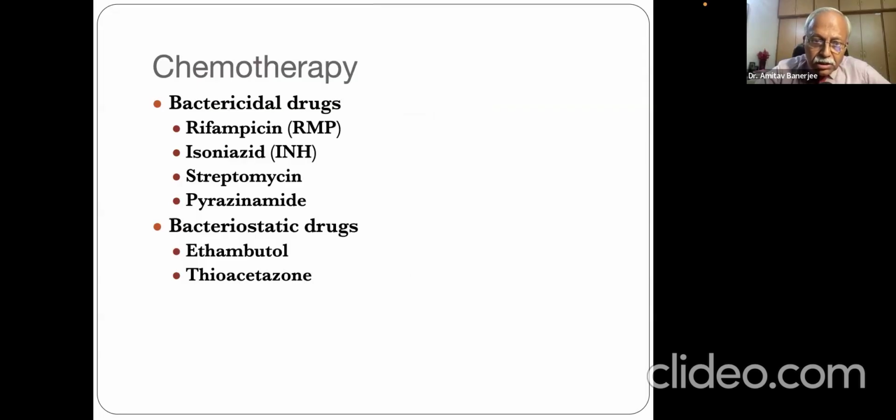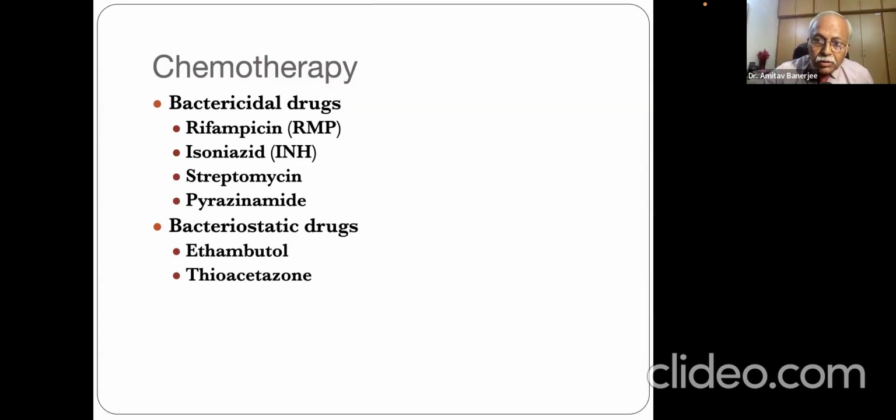These are the bactericidal, ethambutol, and thiacetazone. And then there are second-line drugs. I am not going to clutter the presentation here, but there are a number of second-line drugs. There are more than 18 second-line drugs. And the latest to come in India is bedaquiline, and then linezolid, that is given in extensively drug-resistant cases. So we'll be discussing briefly about those things.